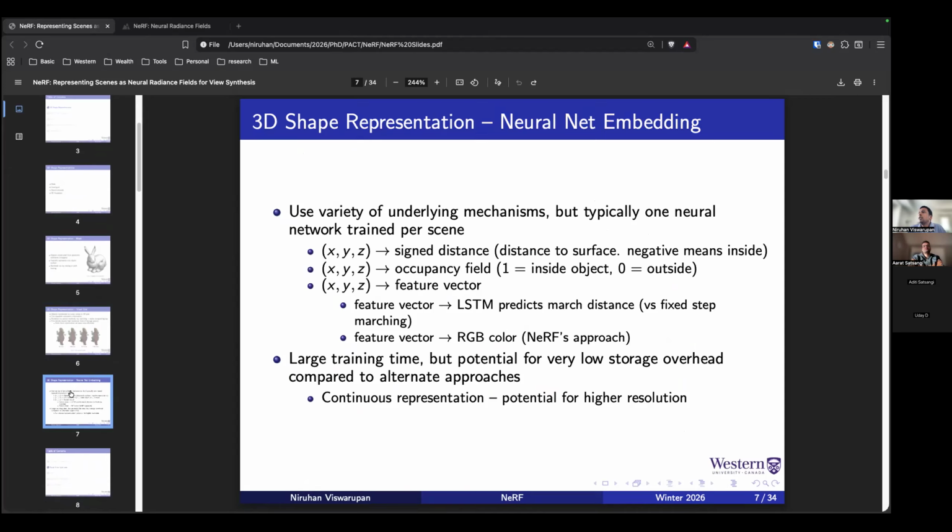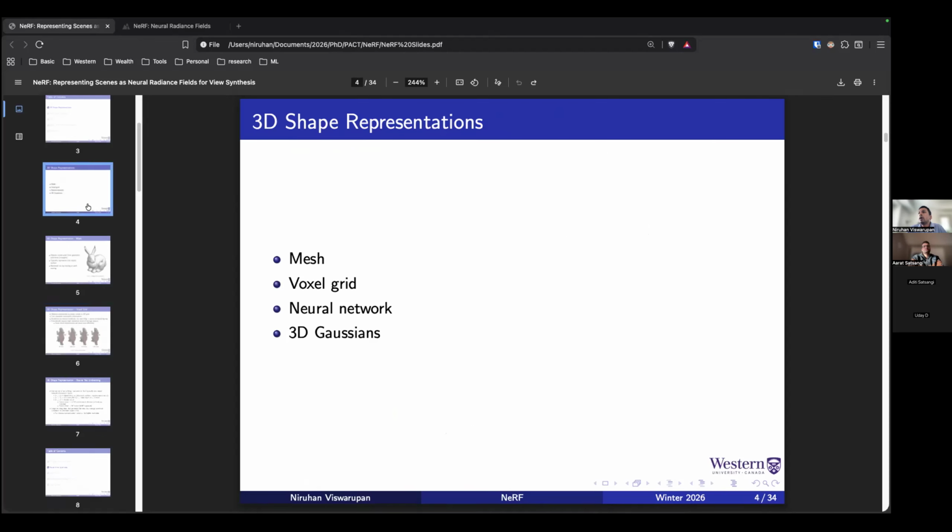Then we will talk about neural net embedding of 3D space. If you look at these 3D shape representations, some of them are explicit, some of them are implicit 3D representations. Finally you have a 3D representation, then you do some rendering, then you come to the 2D image. But for some of these representations, even without the rendering component, you have some notion of 3D shape.